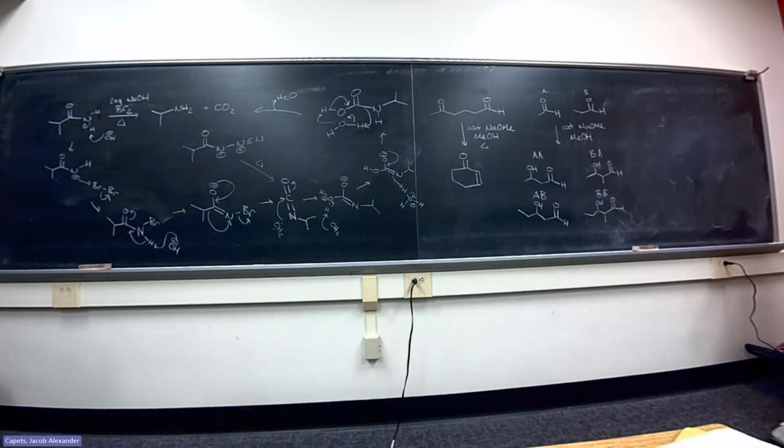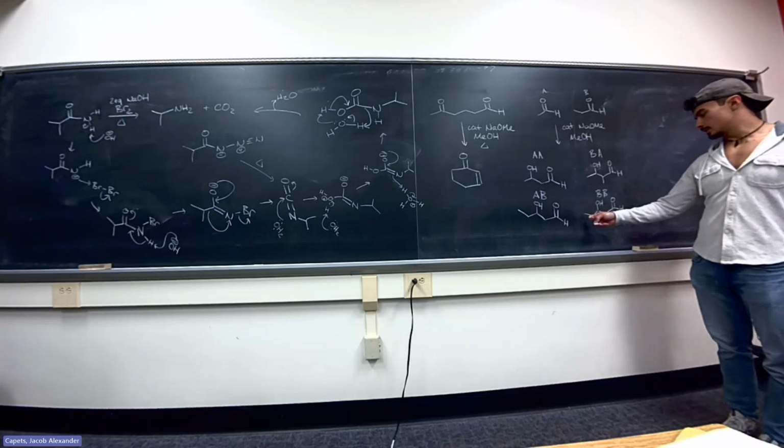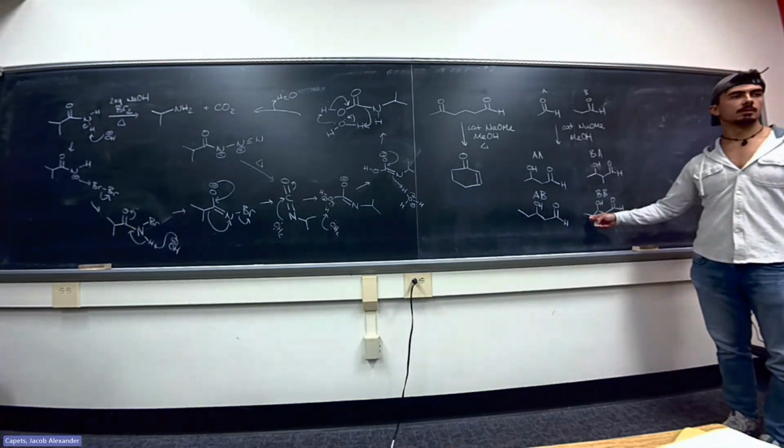Wait, why does the methyl group go down, as opposed to going up? Why does it start going down that way, but the other ones don't? It's just for space to write it out.